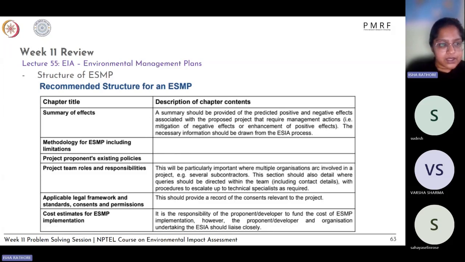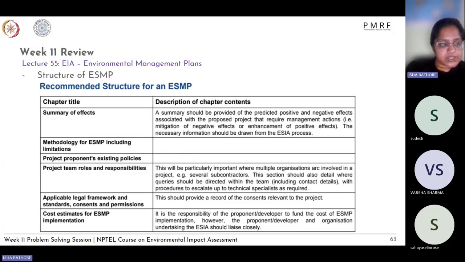You have the methodology which was included, what the limitations were which were identified, what policies and guidances were followed, and what the national or legal legislature things were. What was the project team composition and their responsibilities. So if you have more than one organization, what were their roles, at what stages they were involved, what was the timeline and things. This is all recorded.